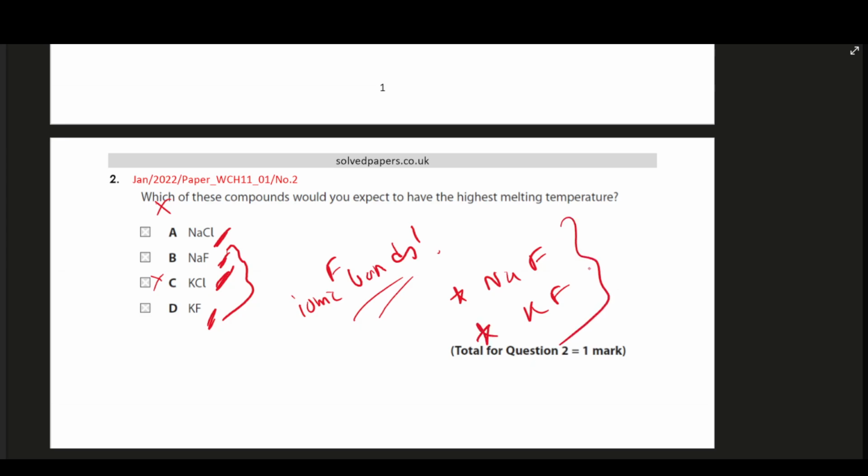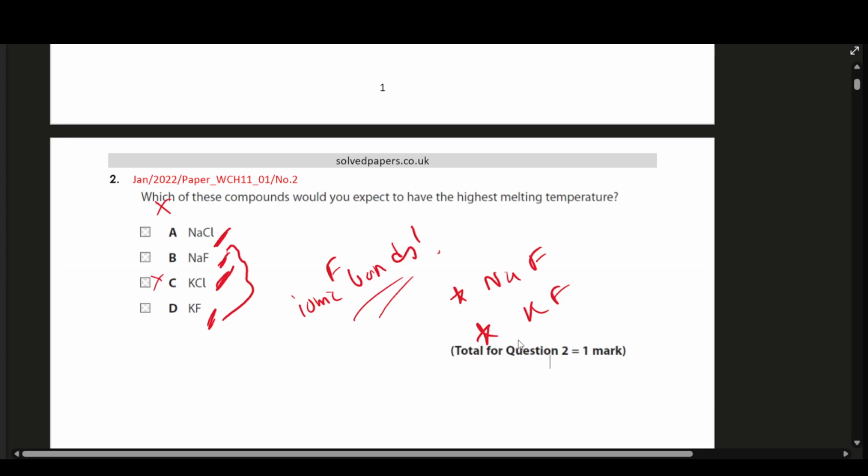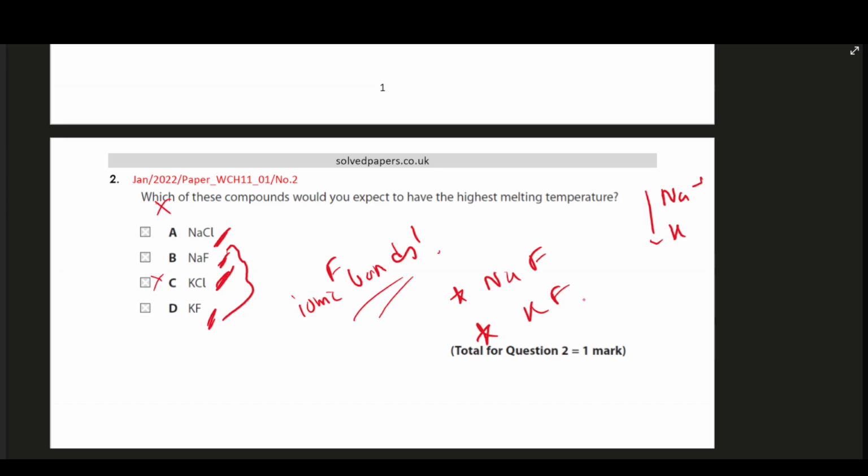Since the anions are the same, we just need to analyze the cations. Who has a larger ionic radius, Na plus or K plus? K plus has a larger ionic radius, because K is further down the group.